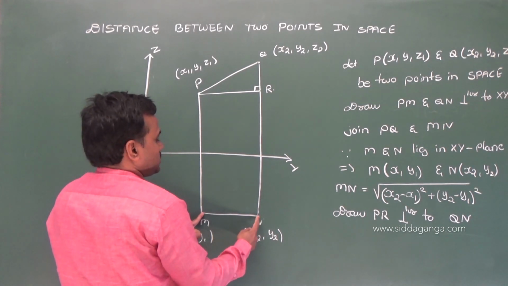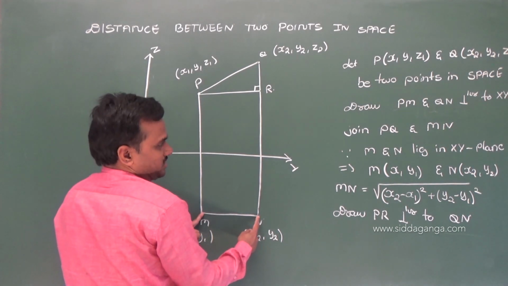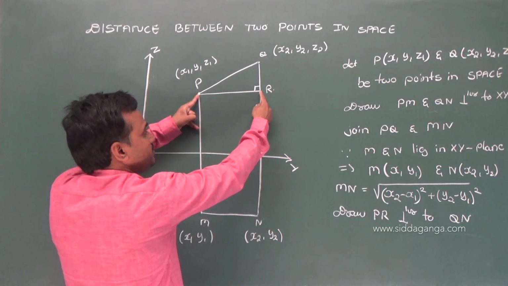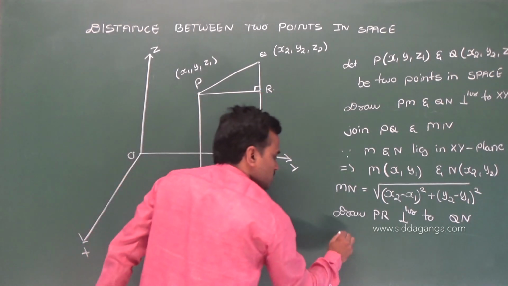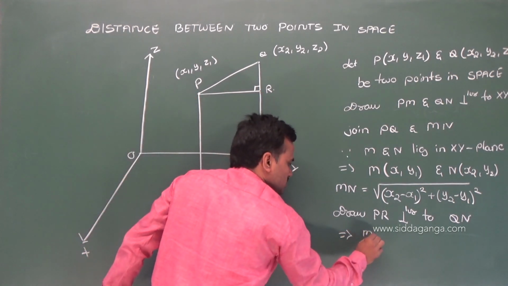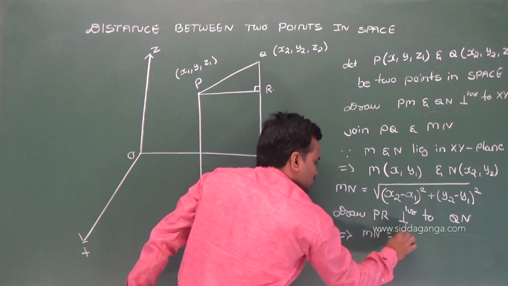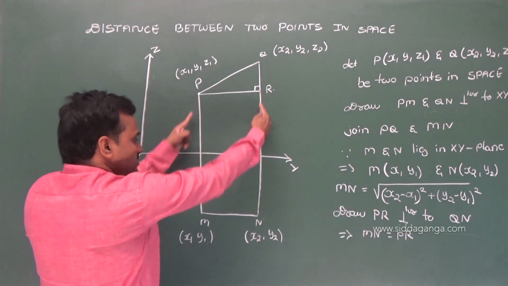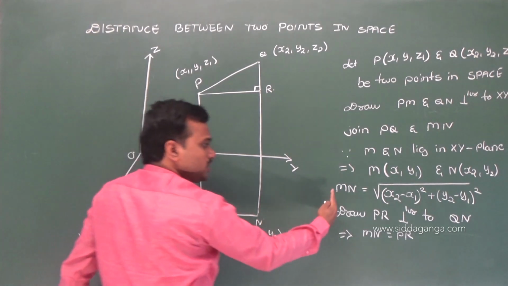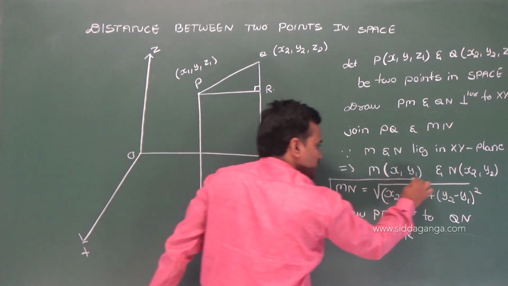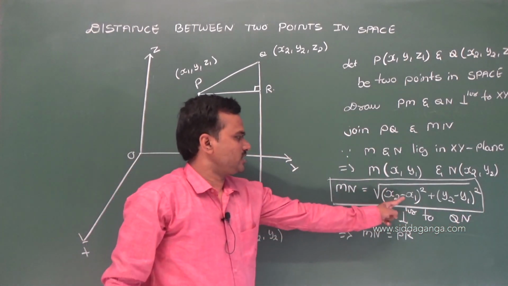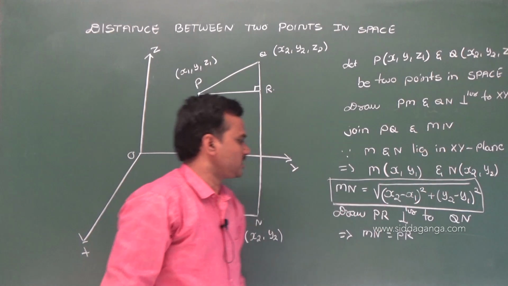The distance between M and N is the same as the distance PR. By the figure we observe that MN is nothing but PR. MN is the square root of x2 minus x1 whole square plus y2 minus y1 whole square.